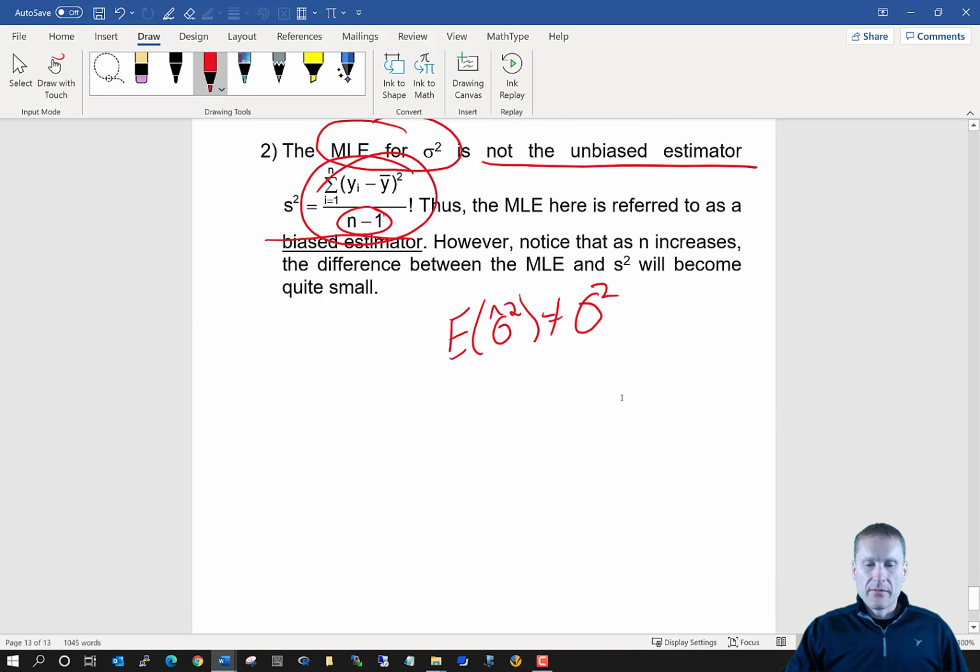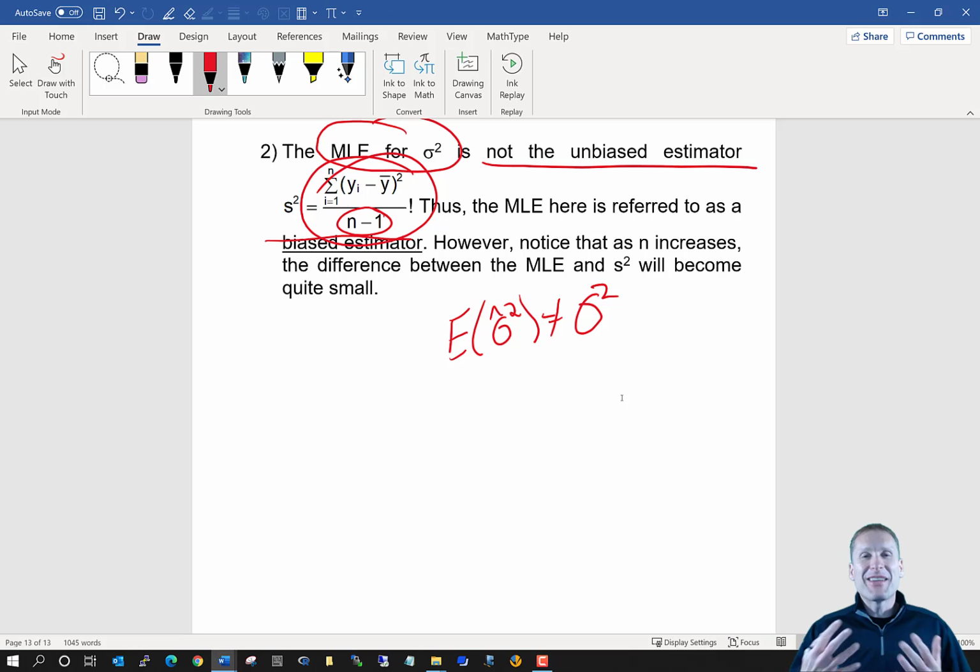Okay. So maximum likelihood estimation is a commonly used general method to find estimates for parameters from a particular probability distribution.